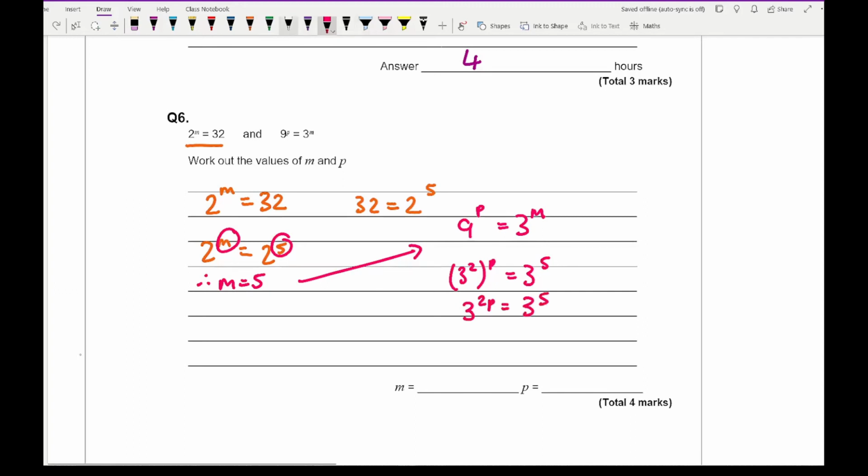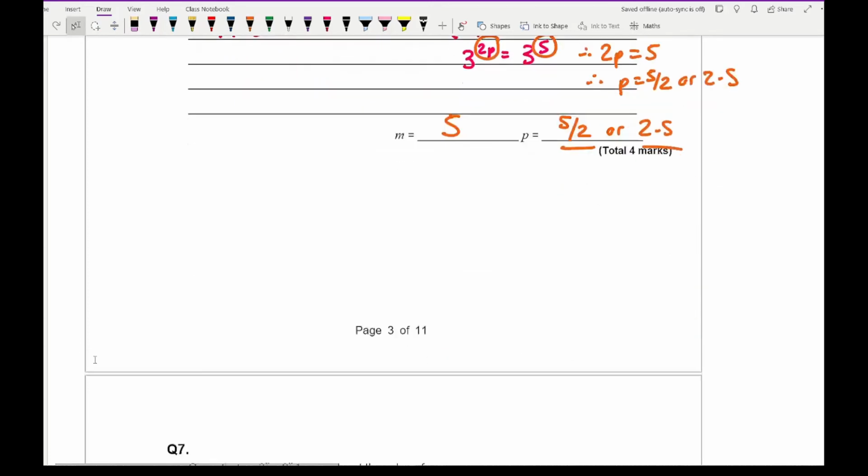So that means that 2p must equal 5, and so therefore p equals 5 over 2 or 2.5, whichever you prefer. So here m equals 5 and p equals 5 over 2 or 2.5. I wouldn't recommend writing both of those, but either as a fraction or a decimal should be good enough to get you the 4 marks there.